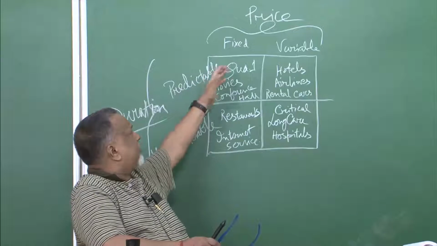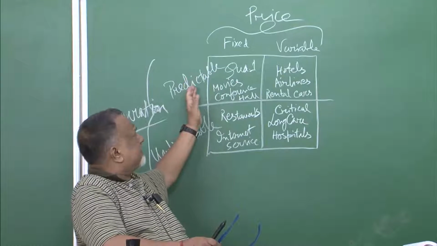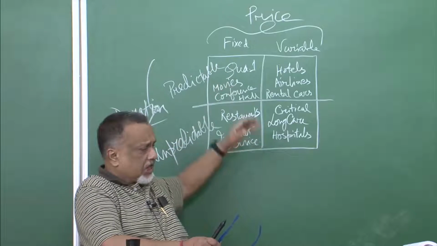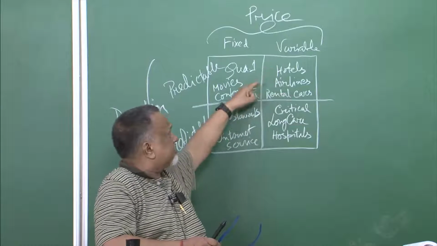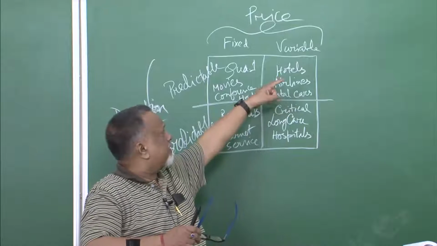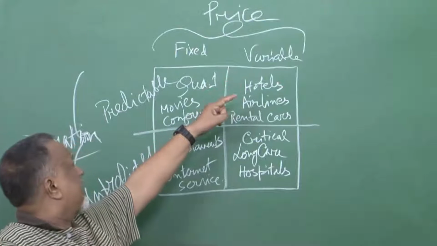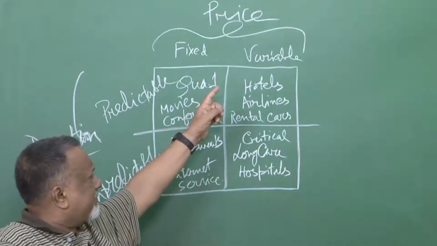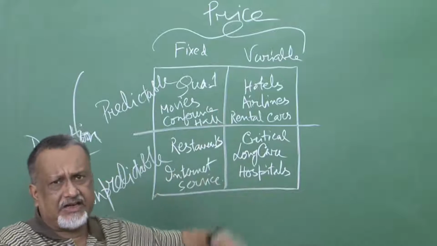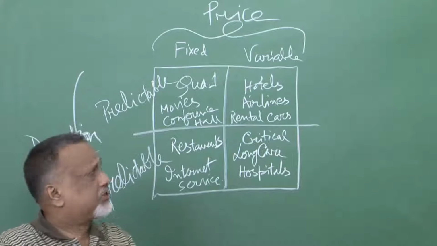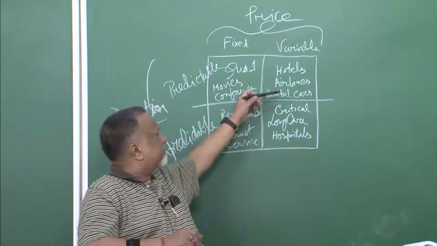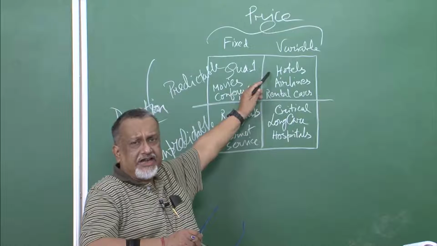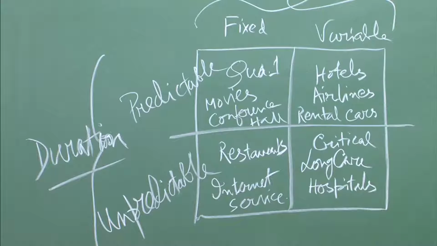Similarly, in case of movies, the duration is predictable, and therefore the price is usually fixed. So, the quadrant we are most interested in is this particular quadrant, which is variable price with predictable duration. If the demand is unpredictable, then variable pricing has certain other problems. So, for our purpose, for revenue management, we are interested in this particular quadrant.